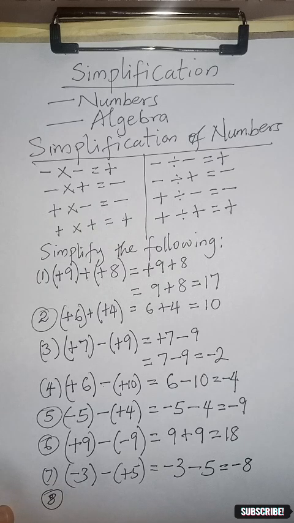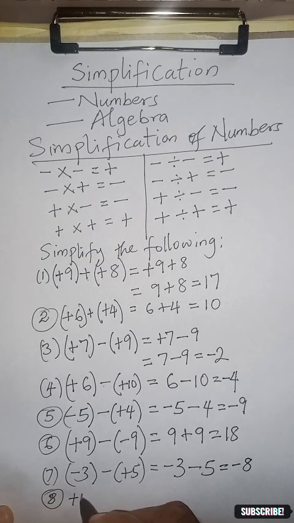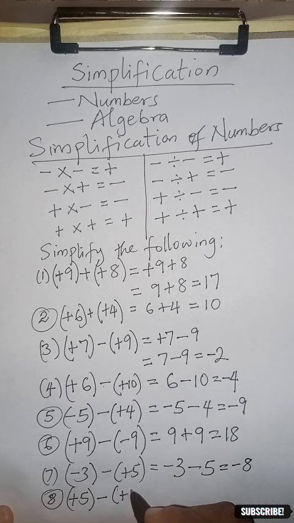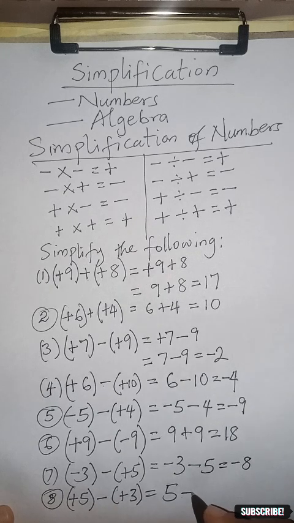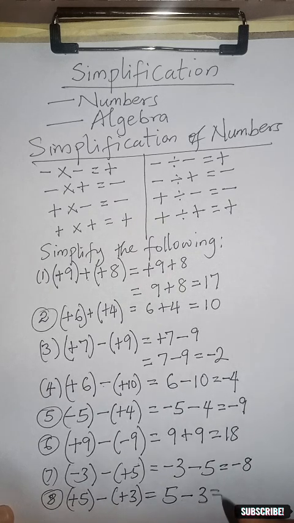Number 8, if I have plus 5 minus plus 3, this is 5 minus times plus minus 3, and that gives me 2.